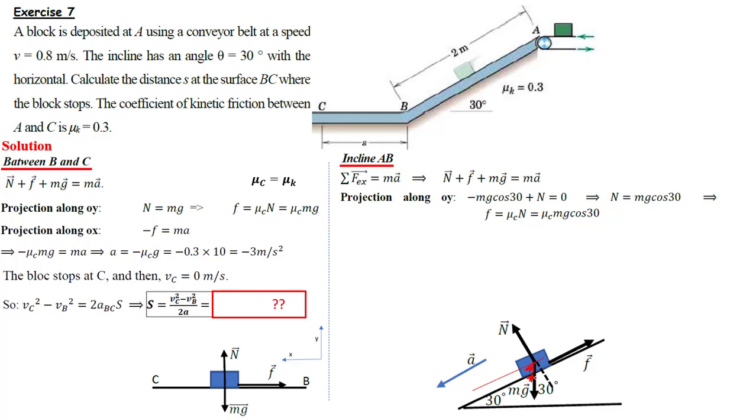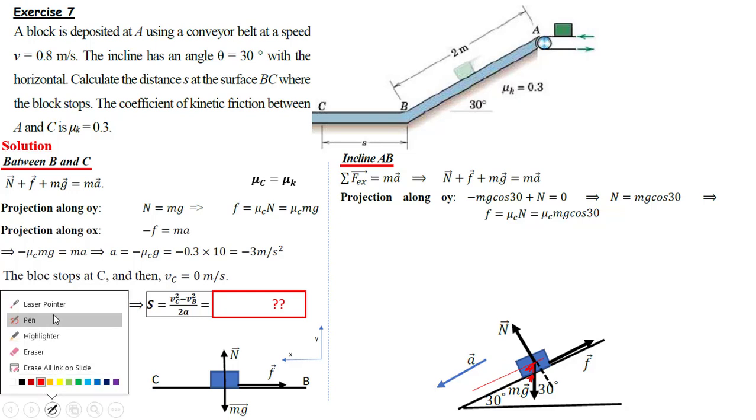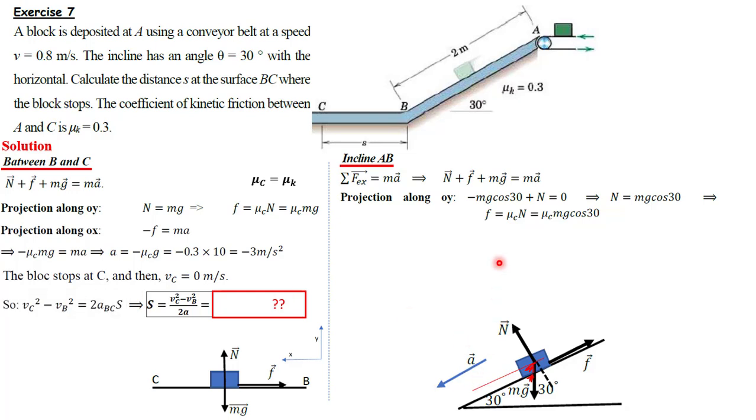Then the projection of mg along y is equal to minus mg sine of 60, or minus mg cosine of 30 degrees, equal to may, and here ay is equal to 0 because the object cannot move on the y-axis.